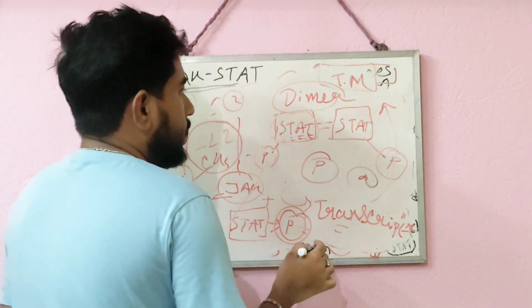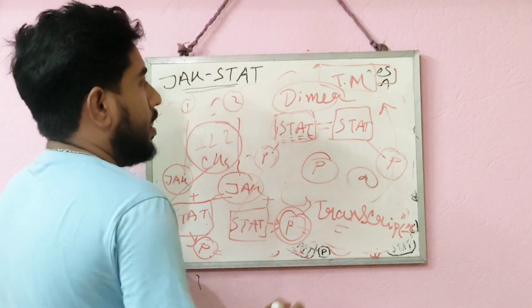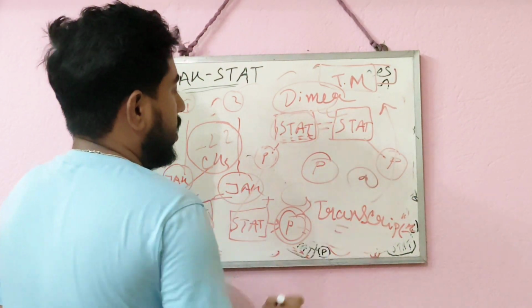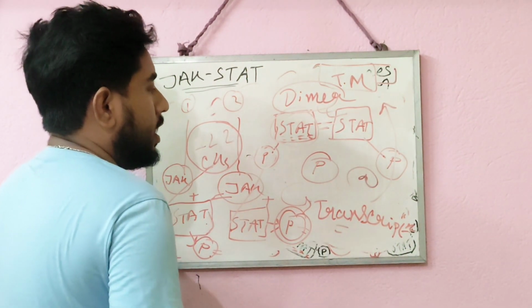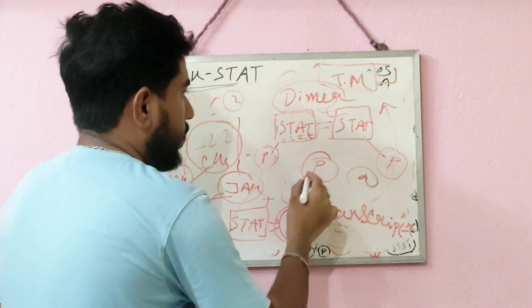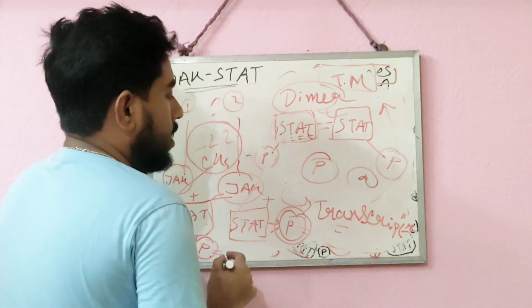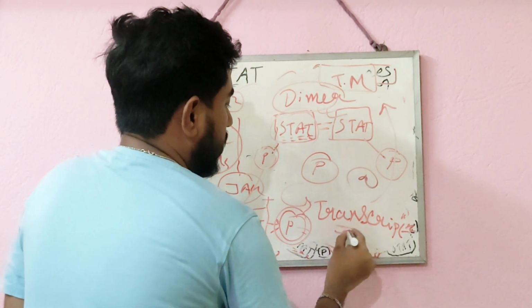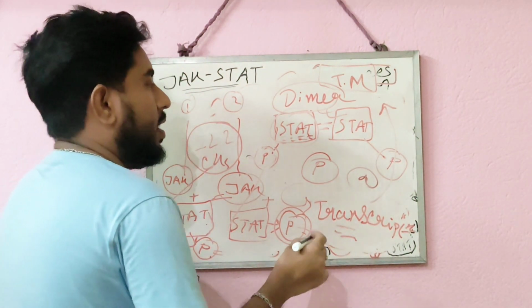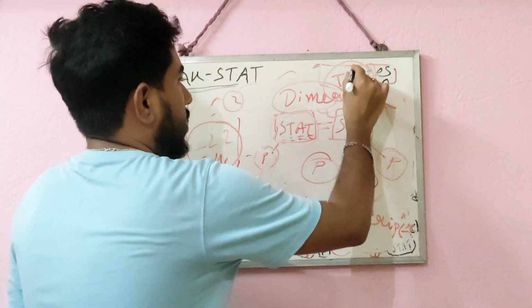When they bind and form a Stat dimer, they are activated, and it leads to the activation of the Jak-Stat receptor, and to their main work, which is transcription, and their main mechanism, the transduction mechanism.